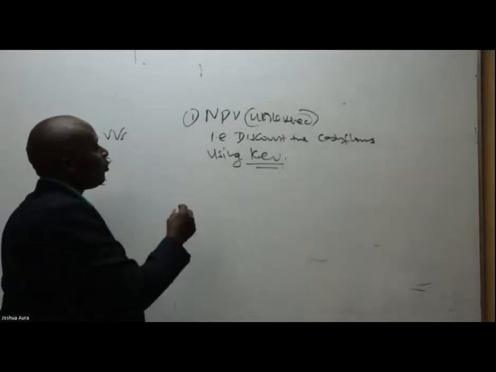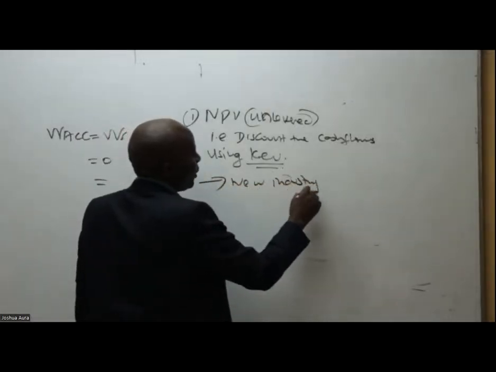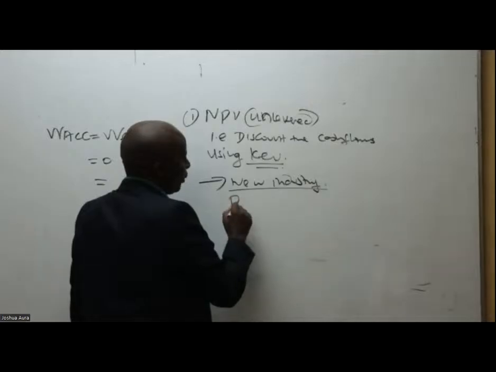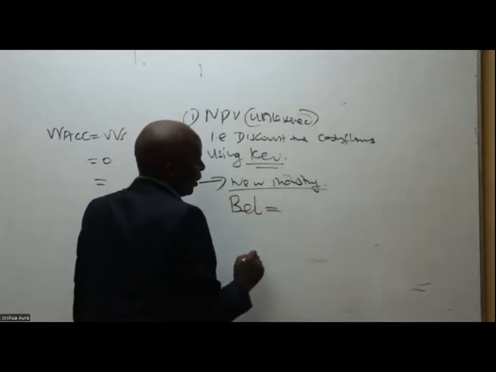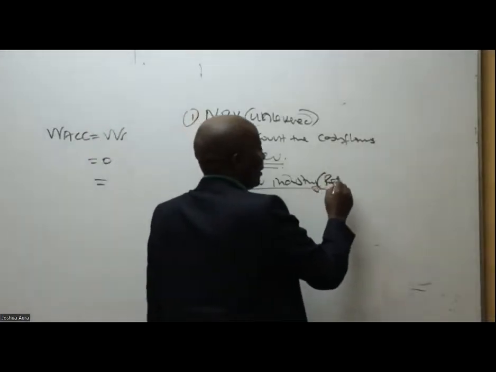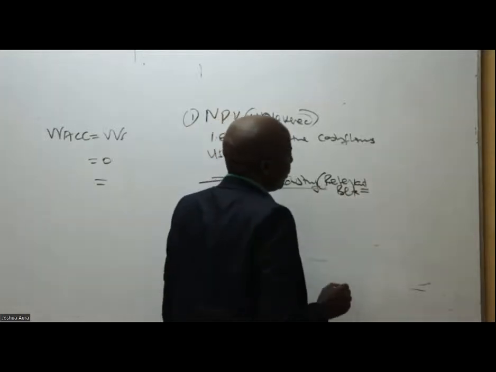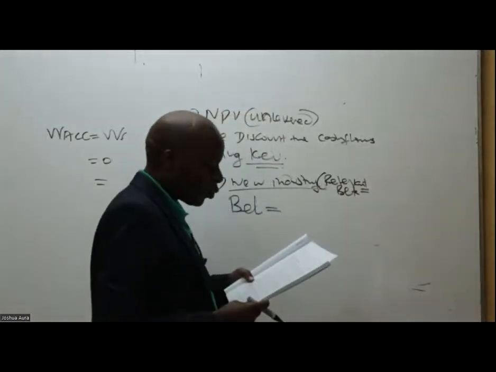I will start first of all because we are going to a new industry. Ladies and gentlemen, I will start with the relevant beta of the new industry. These guys have given us a figure.